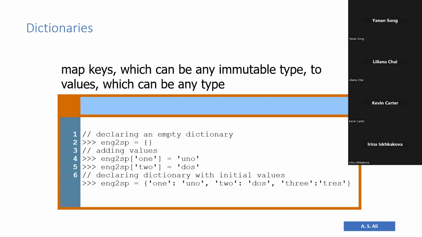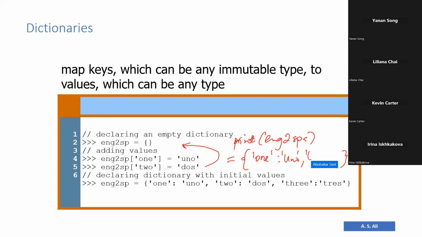Now if you print English to Spanish using the print statement, it is going to print out curly braces, 1: uno, 2: dos. This is what the computer will print out for me.